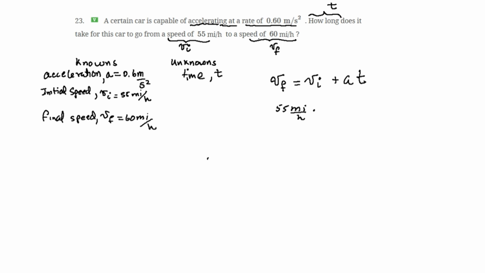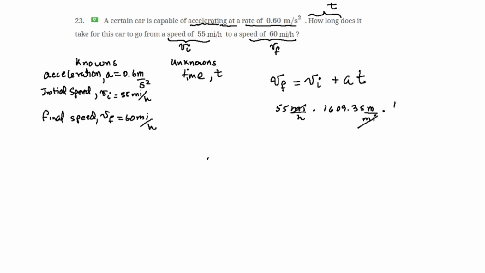So I said that 1 mile is 1,609.35 meters. So I can say times 1,609.35 meters that I have in each mile. Like that, I can cancel the miles out and I get meters. But also I have to simplify the hours.